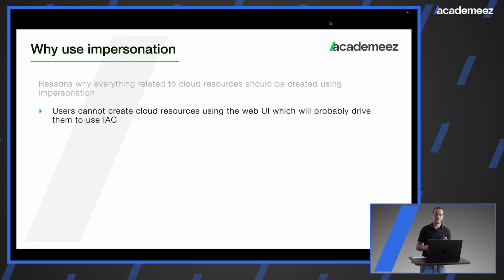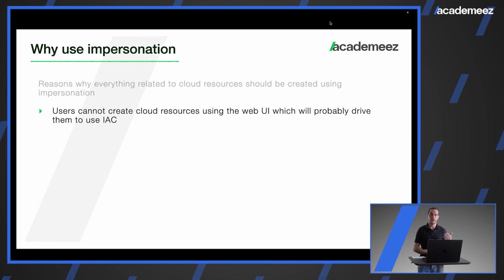First of all, as we mentioned before, and one of our best practice tips, it eliminates the ability of all the users in our organization to go to the GCP web console and create cloud resources using the web. This pushes them to create those resources using infrastructure as code. This means that all our cloud resources will be manageable in Git and trackable with good documentation.